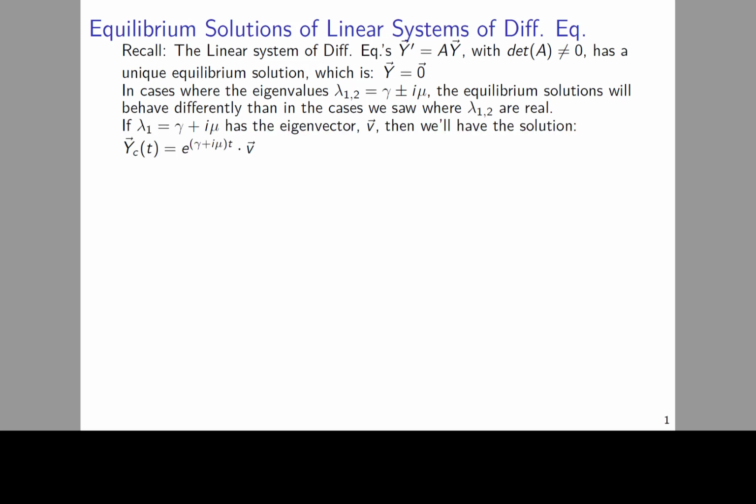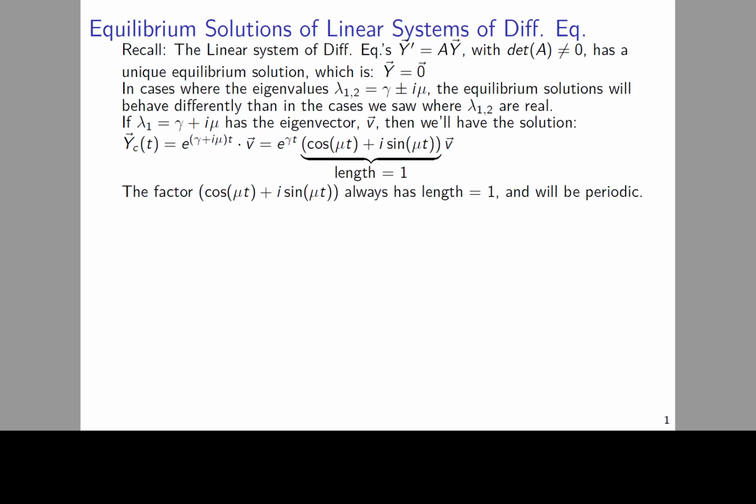If we take λ1 to be γ + iμ with an eigenvector v, then we'll have a complex solution y_c(t) equal to e^((γ+iμ)t) times v. And we can rewrite e^((γ+iμ)t) as e^(γt) times (cos μt + i sin μt), still being multiplied by our eigenvector v.